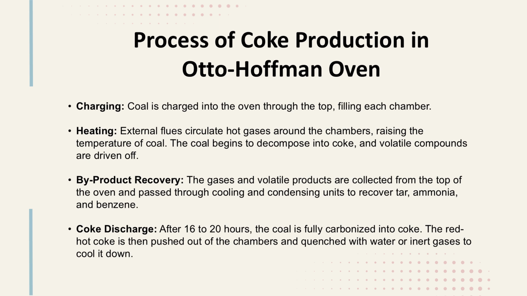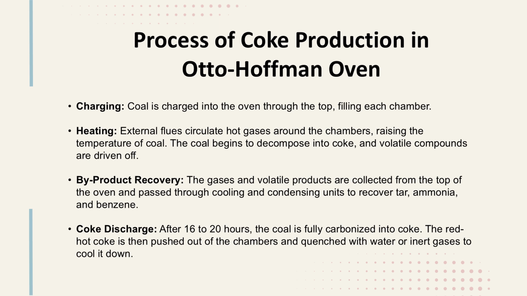Let's break down the process of coke production in the Otto Hoffmann oven. Charging. Coal is charged into the top of the oven, filling the chambers. Heating. The external flues circulate hot gases around the chambers, raising the temperature of the coal. As it decomposes, it turns into coke while volatile compounds are released.